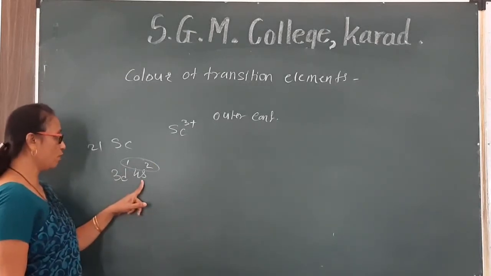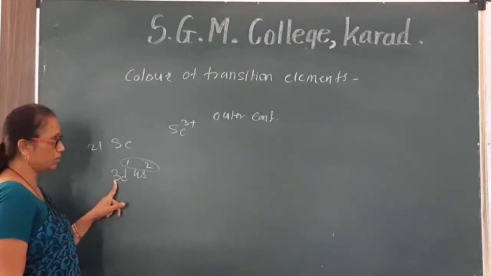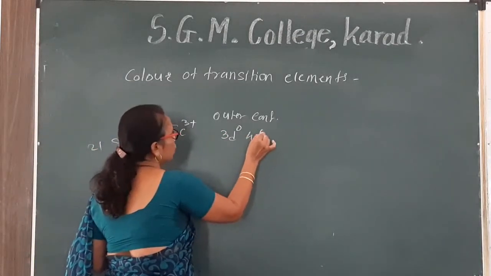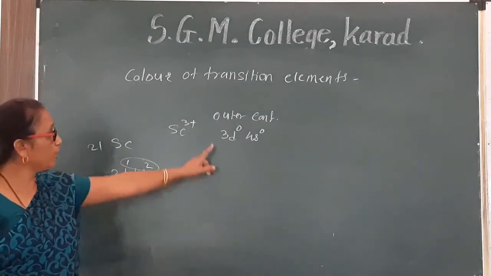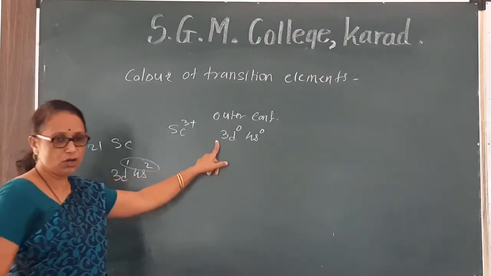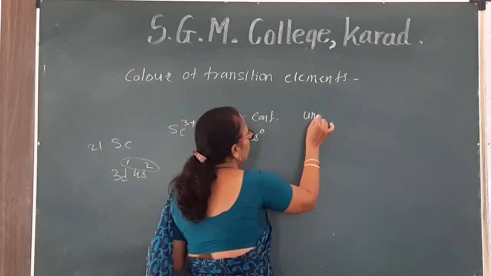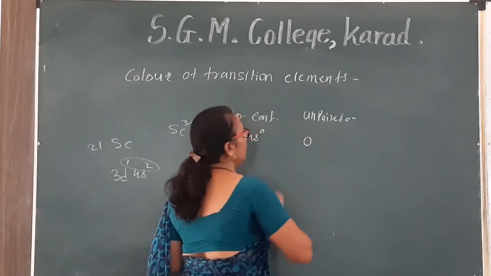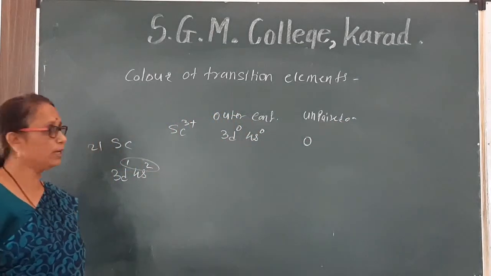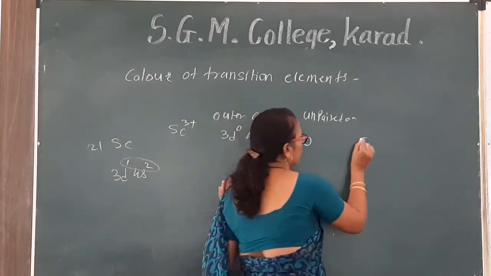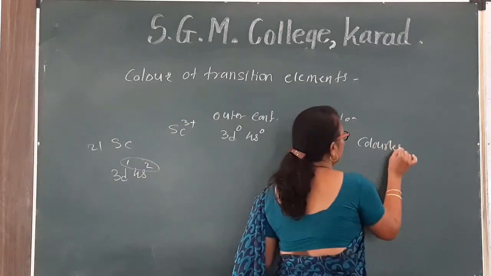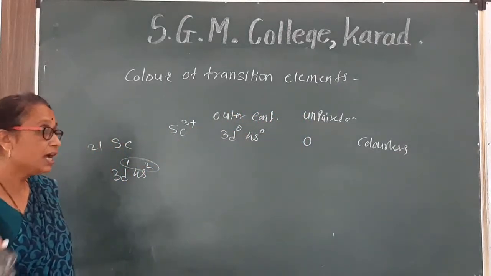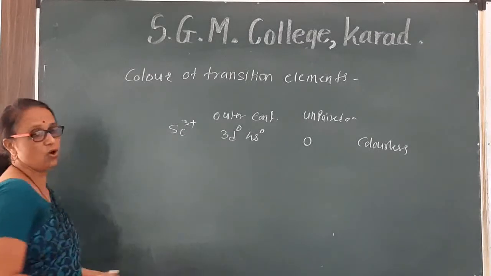The 2 electrons from 4s and 1 electron from 3d are lost, and the configuration becomes 3d0 4s0. How many unpaired electrons are in d orbitals? There are 0 unpaired electrons. As there are 0 unpaired electrons, compounds in which Sc 3+ ion is present are colorless and not colored.